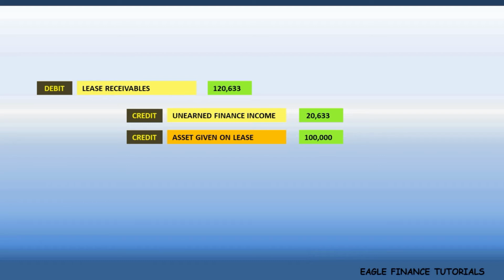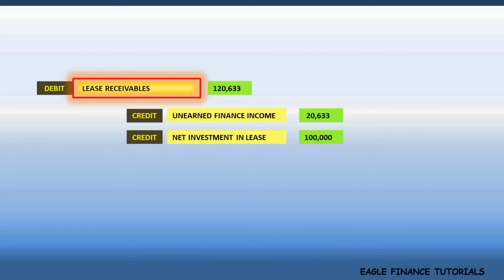We shall instead use the title net investment in lease, the term prescribed by the accounting standard. Again, on the debit, instead of lease receivables, we can also title the account as gross investment in lease, the term prescribed by the accounting standard.